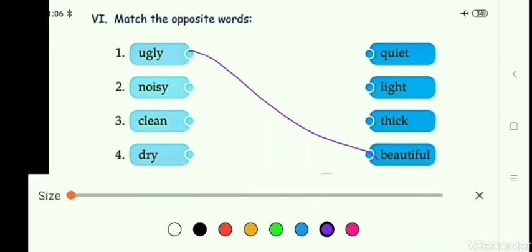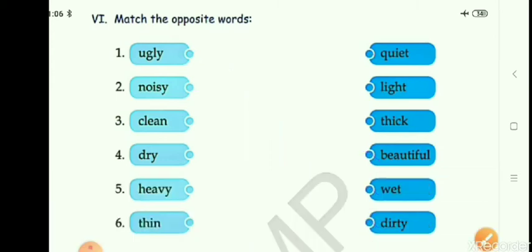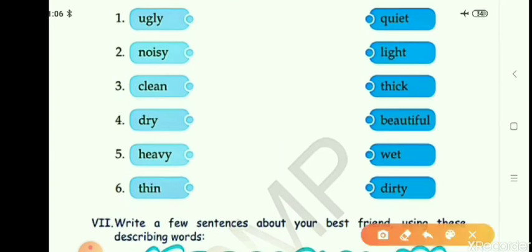Ugly, beautiful. Then noisy. The opposite of noisy is quiet. Then clean. Opposite of clean is dirty.